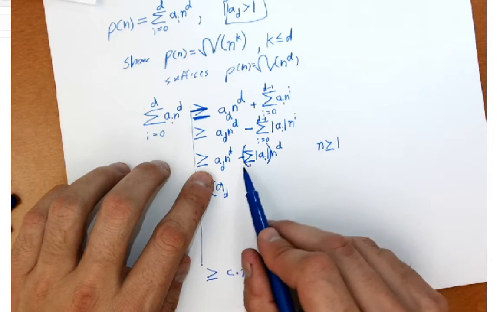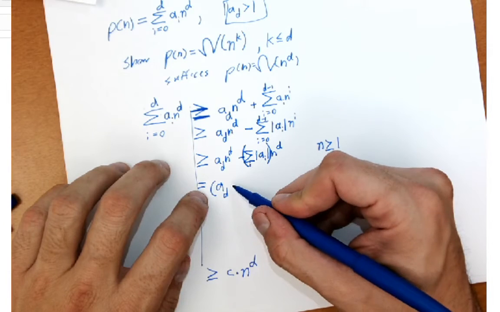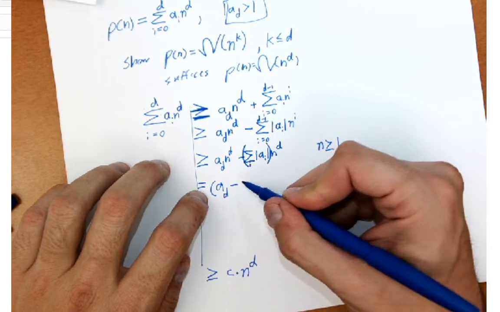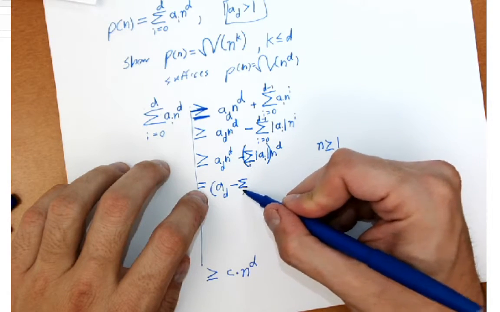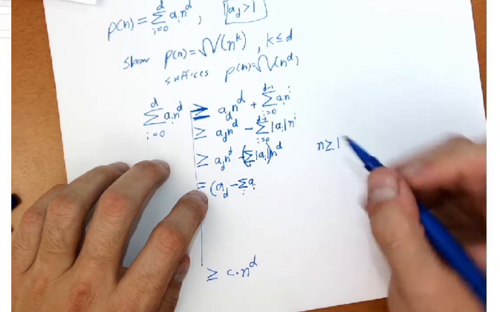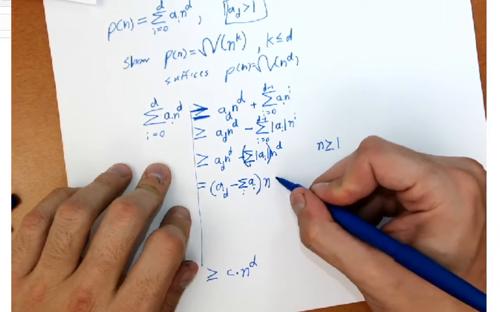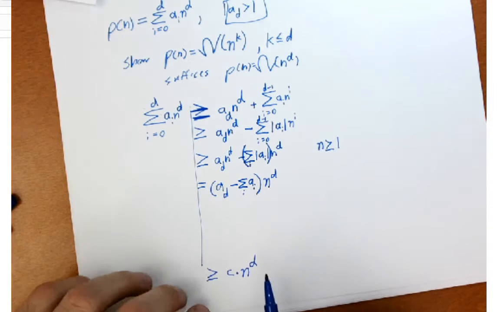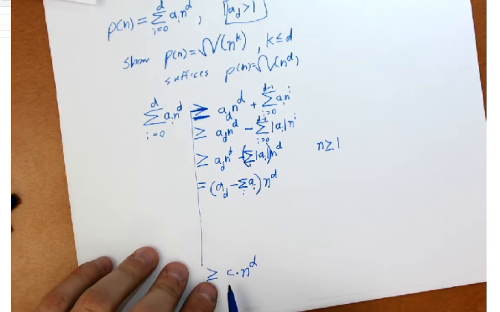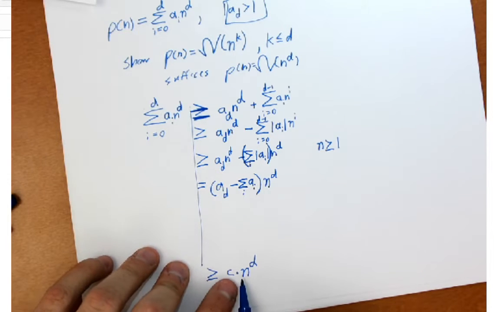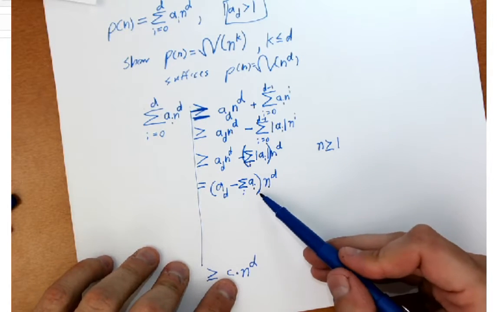You can pull that n out. So this is a sub d minus that summation of a sub i, all times n to the d, and we would be happy here saying that's greater than or equal to c times n to the d. We would just set c to this.